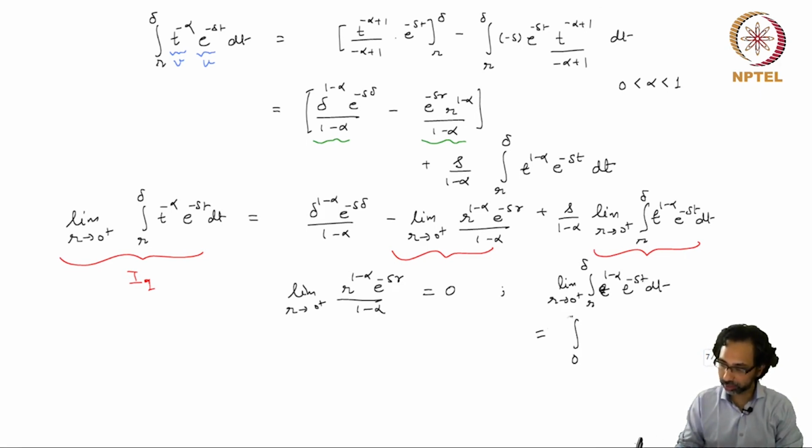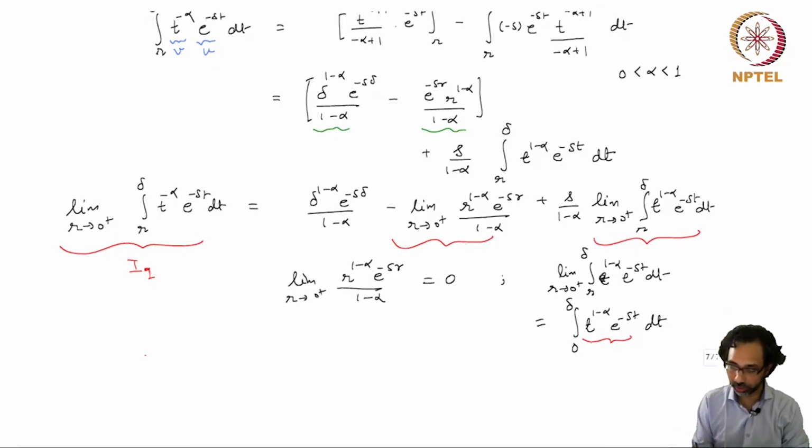the Riemann integral between 0 to delta of the function t to the power 1 minus alpha e to the power minus st dt. We can do this because our integrand here, t to the power 1 minus alpha e to the power minus st, is a continuous function over the whole region 0 to delta.